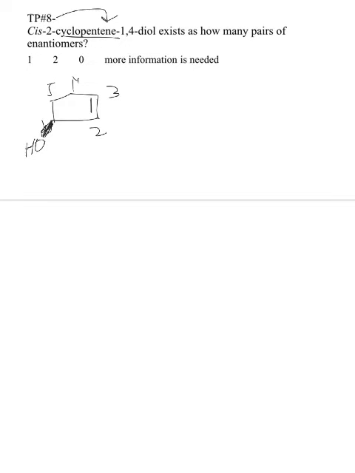1, 2, 3, and 4 is OH. So these are on the same side. Another way to draw that, because it's flat, is to draw these down, OH, these up. 1, 2, 3, 4, that down, and that one up. Okay, because they're on the same side. How many pairs of enantiomers?